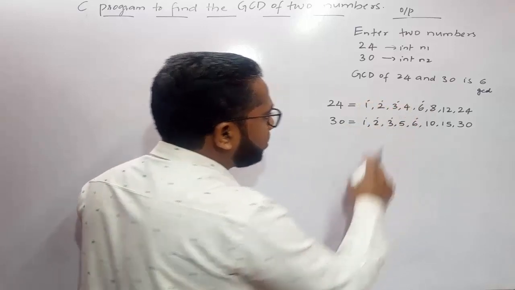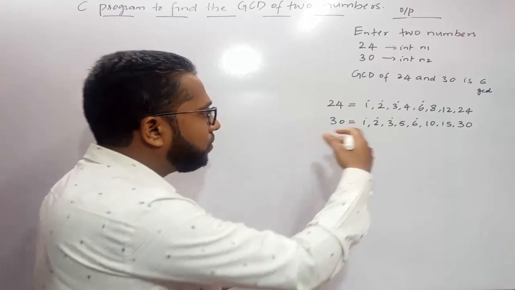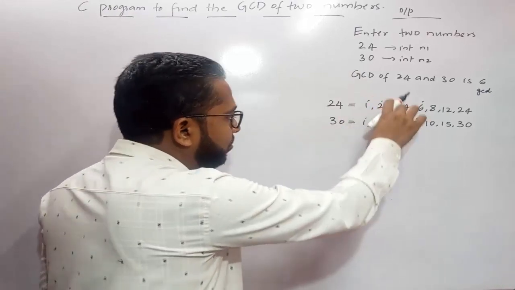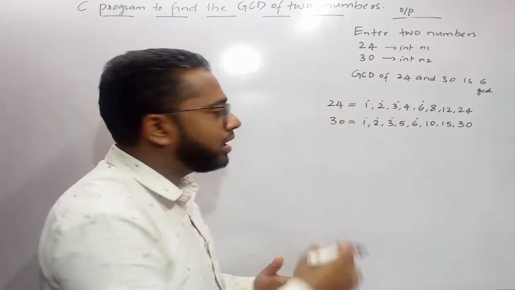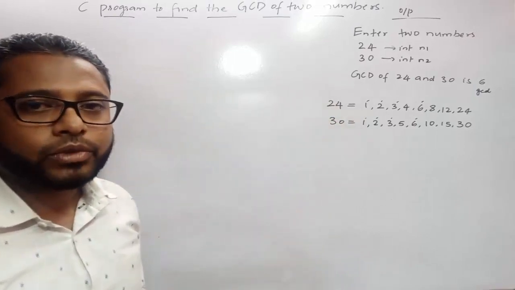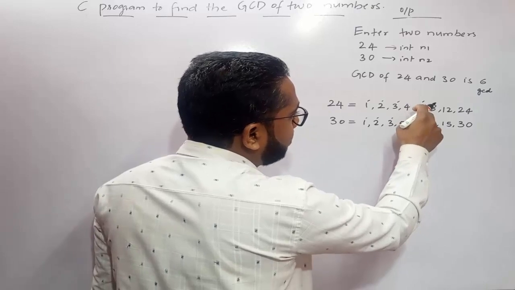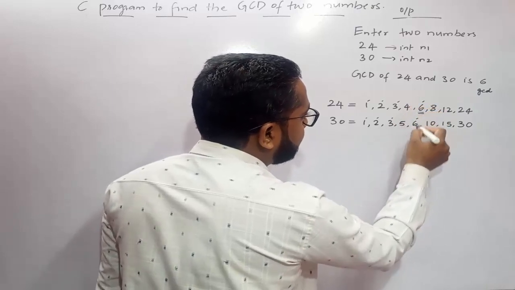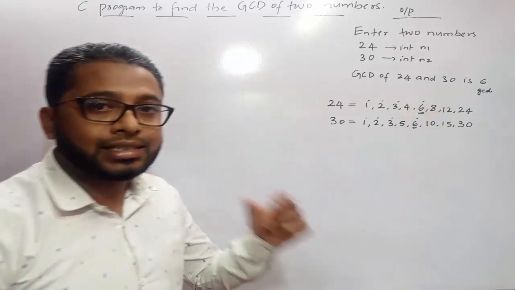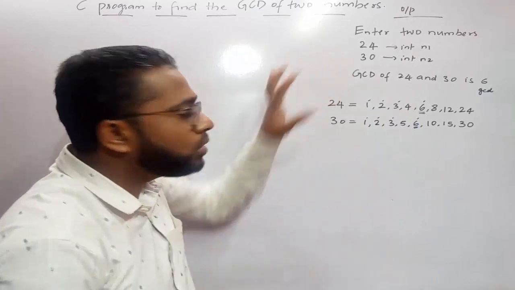That means these are the four common numbers present in both sets with which I can divide both of these numbers. Out of these four common numbers, which is the greatest? Yes, 6 is the greatest number, so 6 will be our GCD for these two numbers.